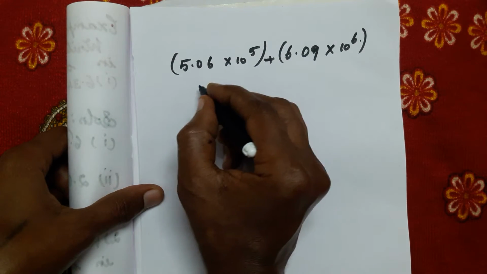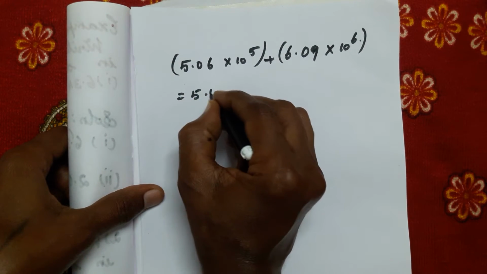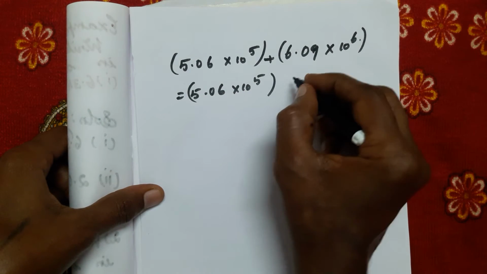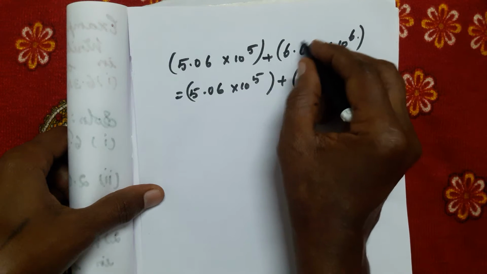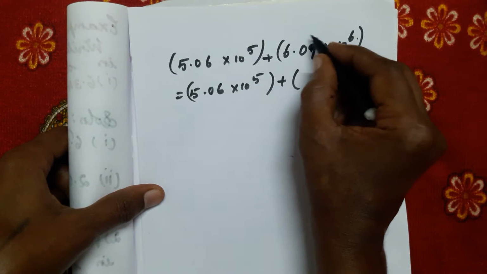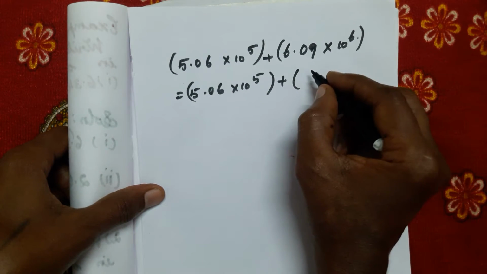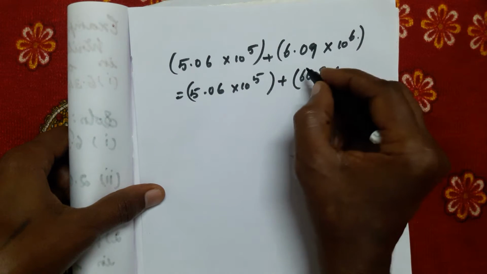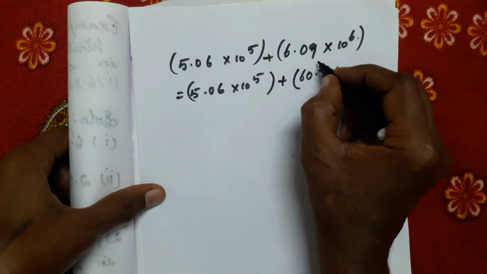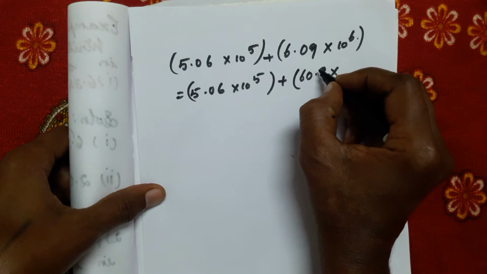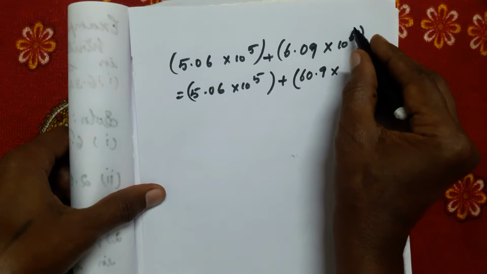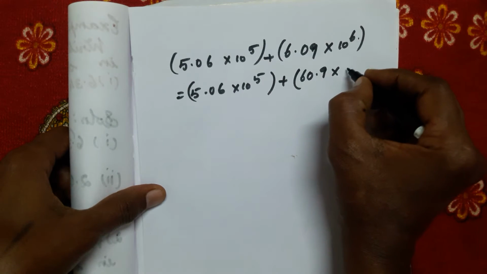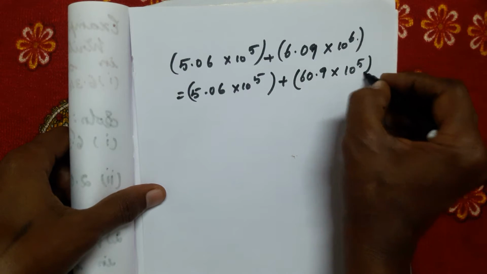Afterwards only we can add. That means 5.06 into 10 power 5, this one we can move 1 digit right. What will we get? 60.9 into, if we are moving the decimal point right, the power will be reduced by 1. 10 power 5 will become.